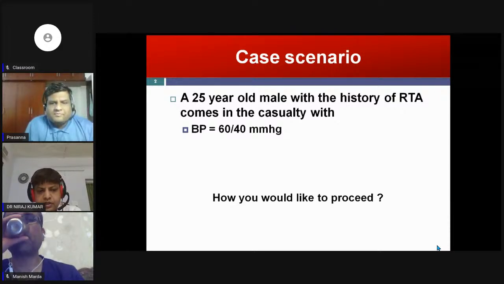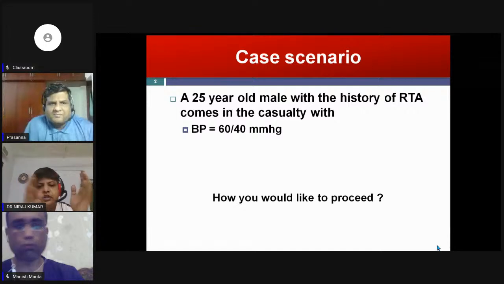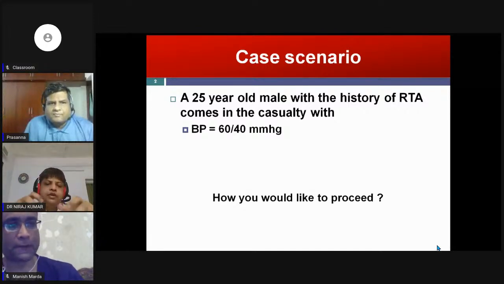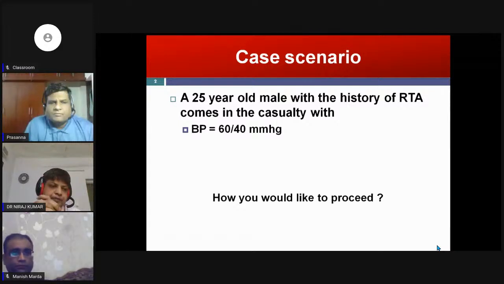Patient is intubated and put on mechanical ventilation. And in the C part, according to ATLS, we give 1 to 2 liters of Ringer lactate or normal saline to increase the BP. But in spite of doing that, the blood pressure is not rising.